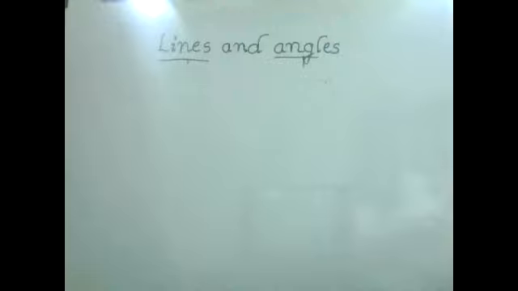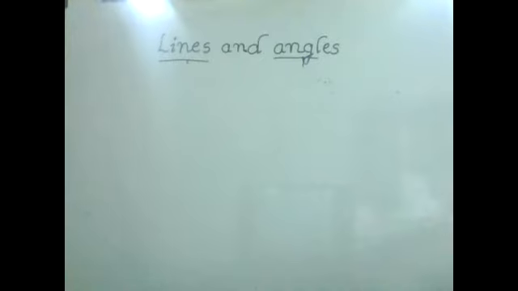And next, we saw what adjacent angles are. Adjacent angles should follow three conditions: a common vertex, a common arm, and the two non-common arms should be on either side of the common arm. Next we saw linear pair of angles.